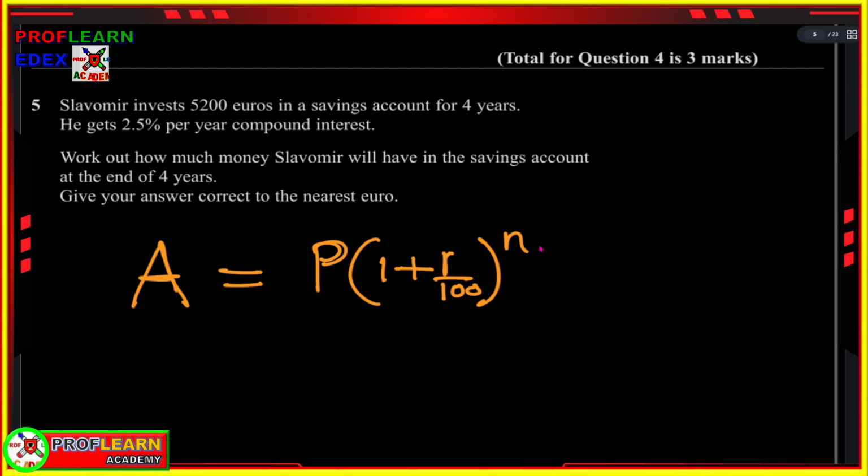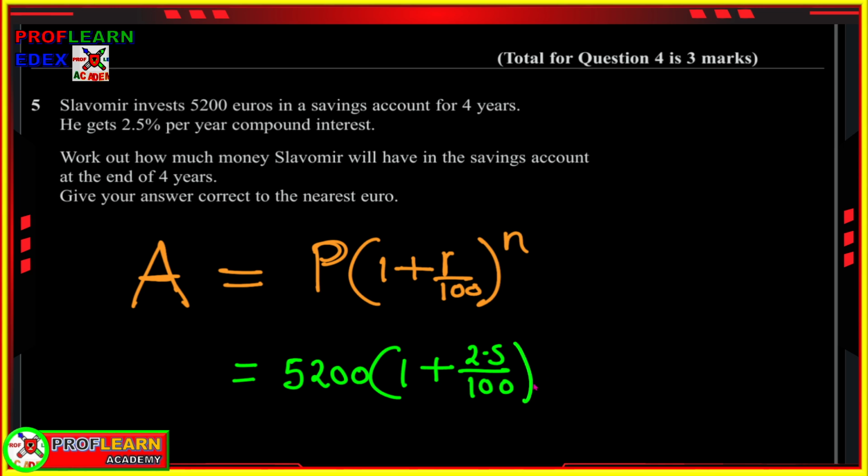So in this case, we are going to say the amount that is going to be in the bank after 4 years will be the principal 5,200 into bracket 1 plus 2.5 over 100 raised to power 4, because this is going to be invested for 4 years. So this is going to be what? 5,200 1 plus 2.5 over 100 raised to power 4.